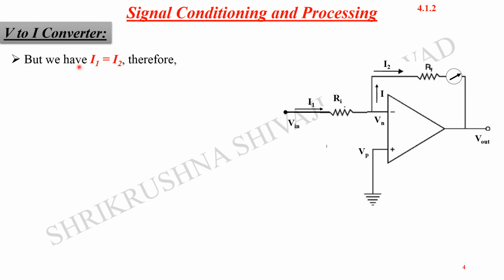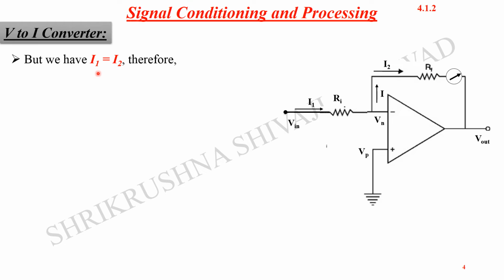But we know that I1 is equal to I2, because you can see over here that the same amount of current is flowing through the R1, and the current does not go into the operational amplifier because it has an infinite resistance. So whatever the amount of current, it just tries to flow in this direction.